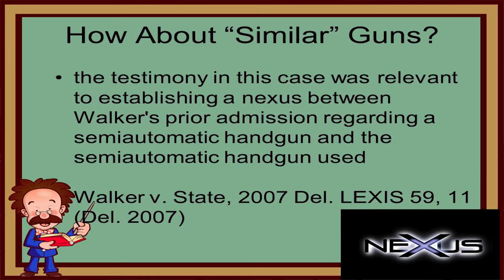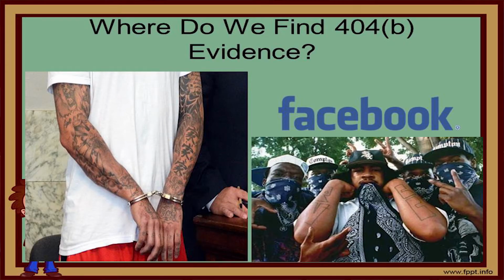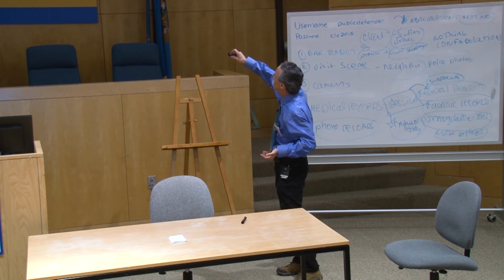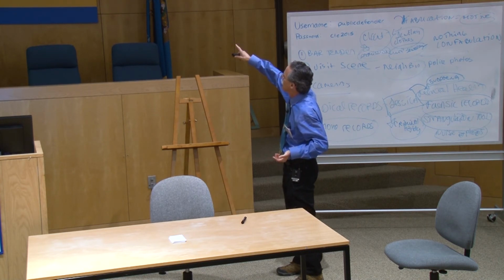And so they talked about that was enough to establish the nexus, right? Semi-handgun and semi-automatic handgun. Just some reminders nowadays, right? Tons of 404(b) evidence. We're getting slammed with this. It's all over the place. So this is a case, and I'm just going to jump to the next couple of slides because of time.